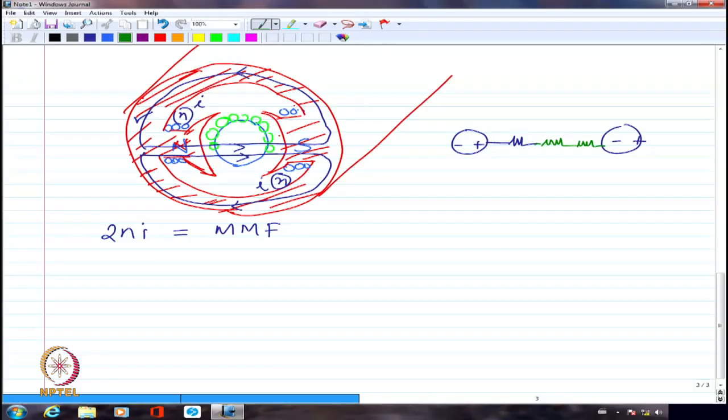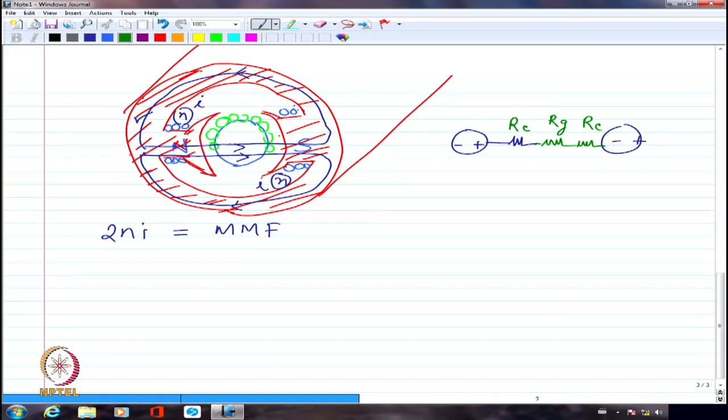If I assume that for this entire thing, that is for the north pole as well as the rotor, half the rotor portion I am calling as RC. This is also RC. This is RG. In fact, I should have had more number of resistances to indicate, for example, the north pole reluctance, then the gap reluctance, then the rotor reluctance.